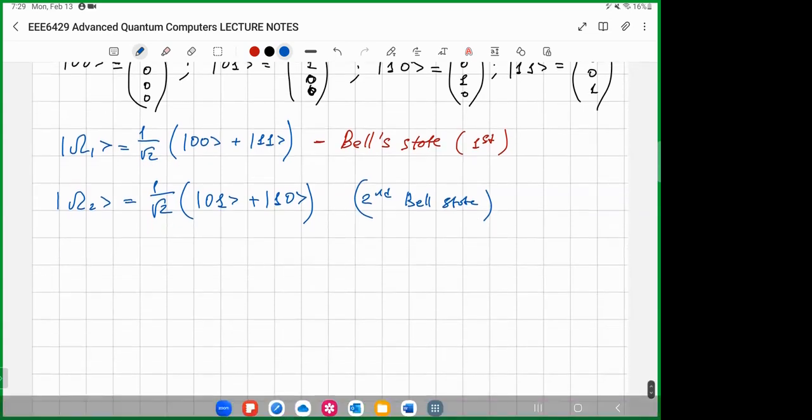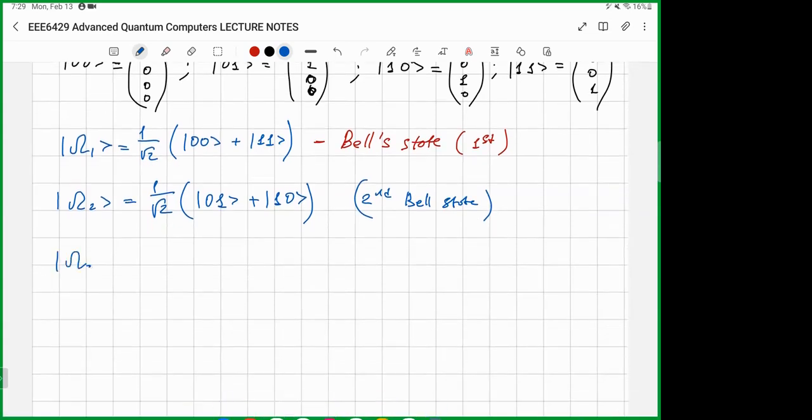The same way I can come up with another two, like this omega 3. I just change the sign in the brackets: 00 minus 11.